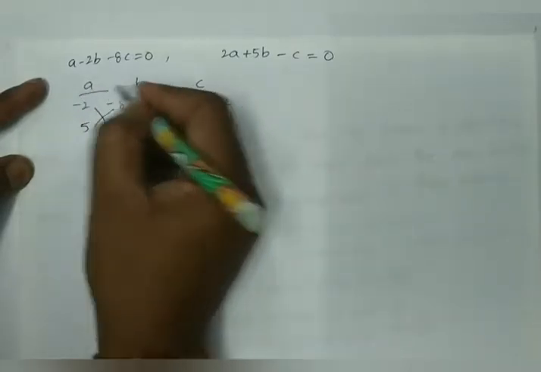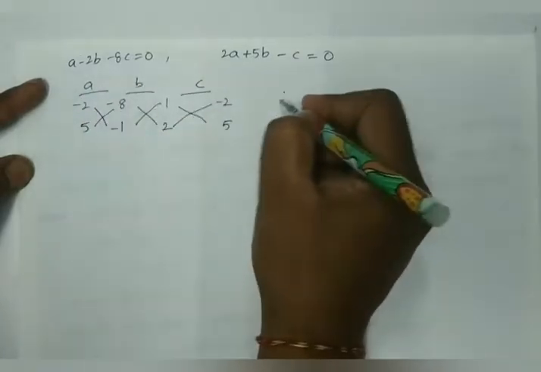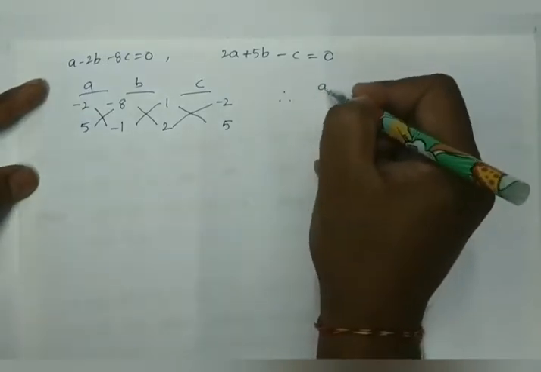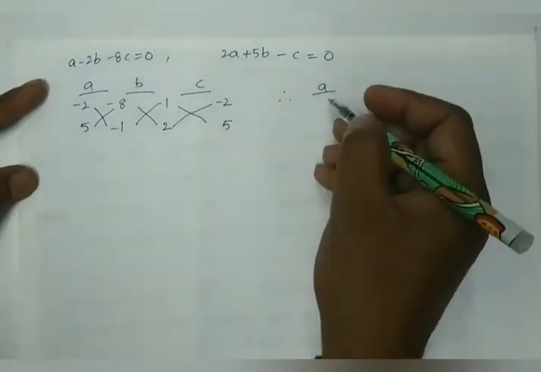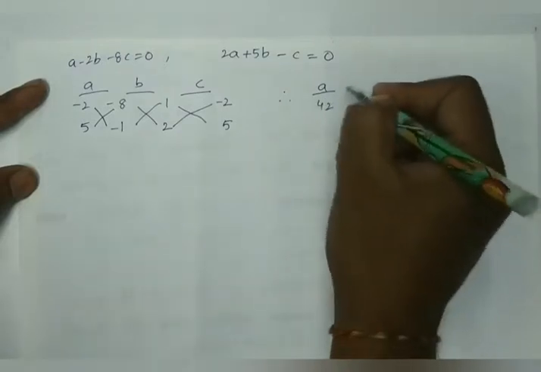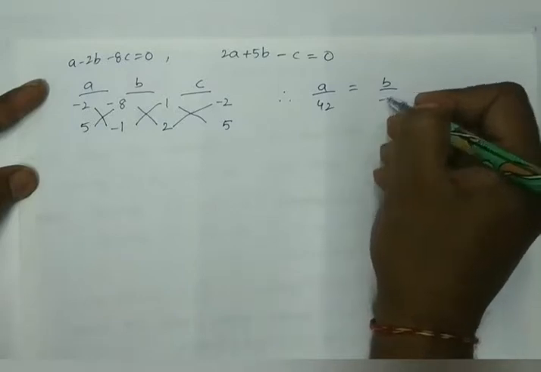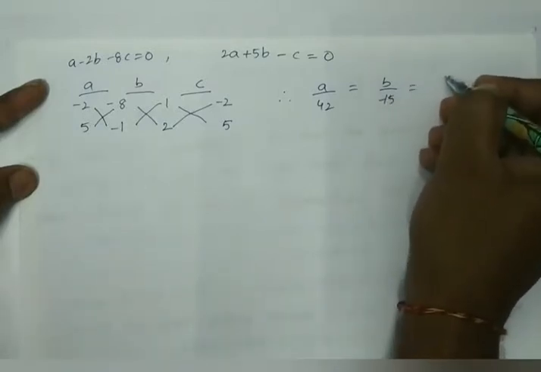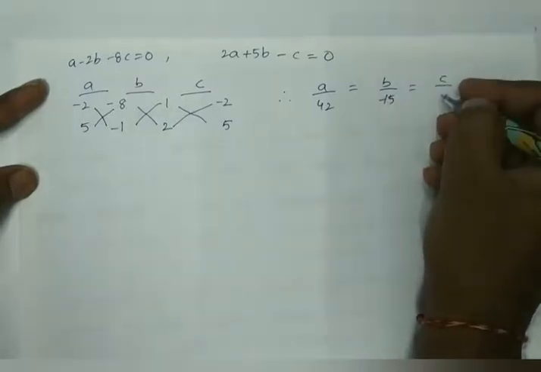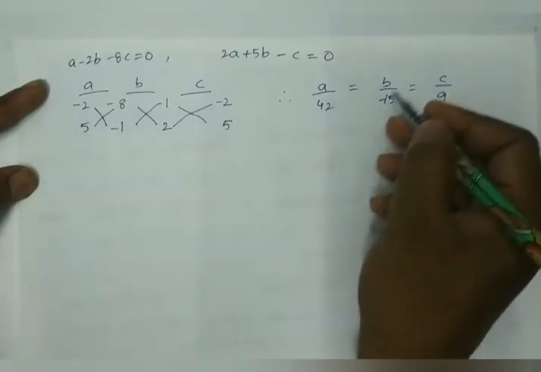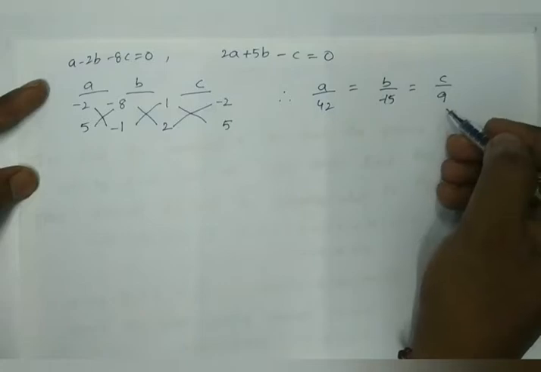So this is a, b, c. By using the cross multiplication rule, we get a by 2 plus 40, that means a by 42, is equal to b by minus 16 plus 1, which is minus 15, is equal to c by 5 plus 4, which is 9. Therefore a is equal to 42, b is equal to minus 15, c is equal to 9.